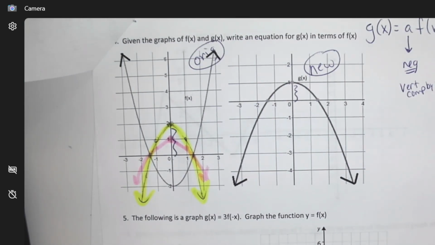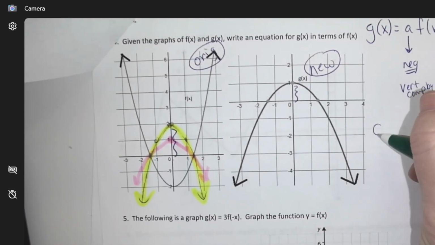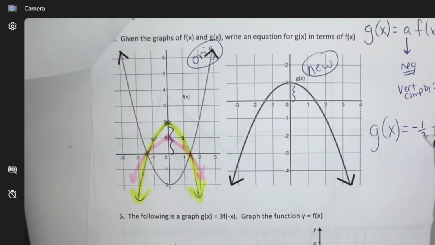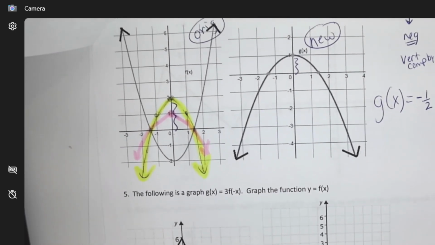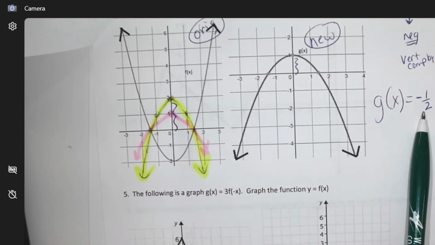We match exactly what we have at the end. Okay, so I put in both the things we talked about. We reflected, and we talked about this vertical compression by 2. Right? That's a half.